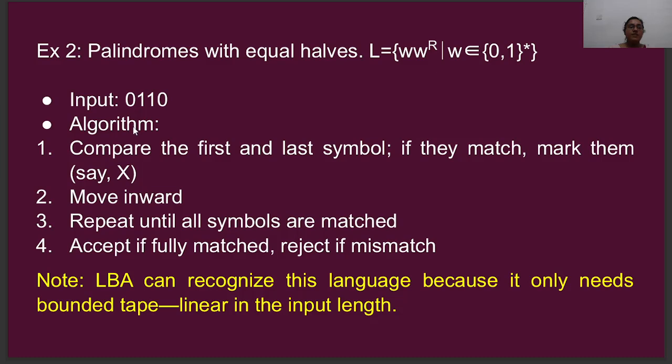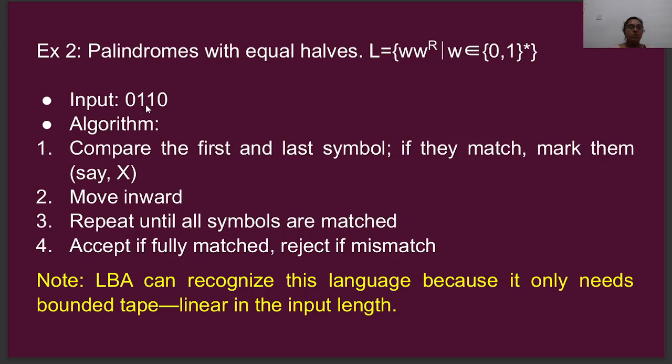So we look at the first element which is not marked, and we go to the last and look at the last element which is not marked. If they both match, then we mark them as X. Then move inward and repeat; the next symbol which is last and not marked will be 1.